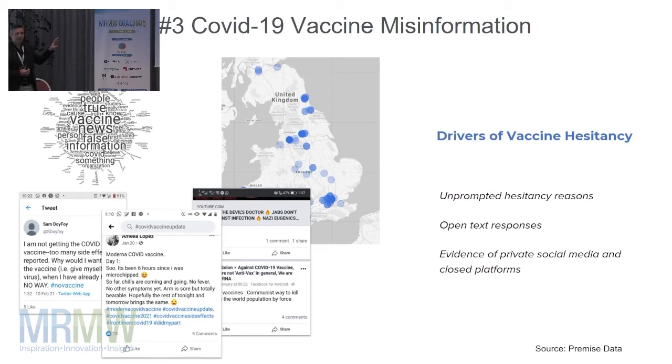What this meant is that people who downloaded the app could confidently share the information they had been sent around vaccine hesitancy. This built up a picture of the drivers of vaccine hesitancy, and it ended up being presented at the G7 conference earlier in the year.